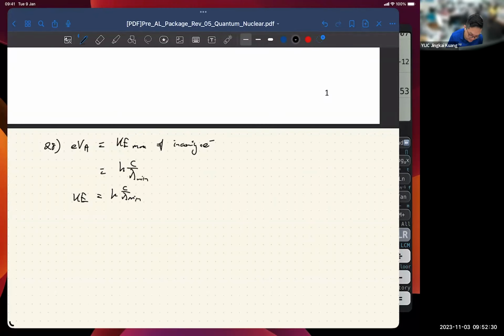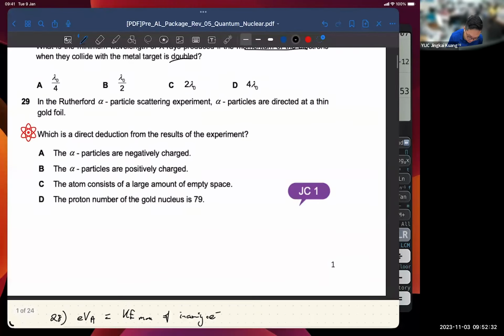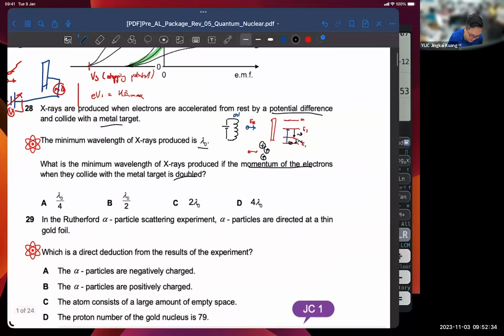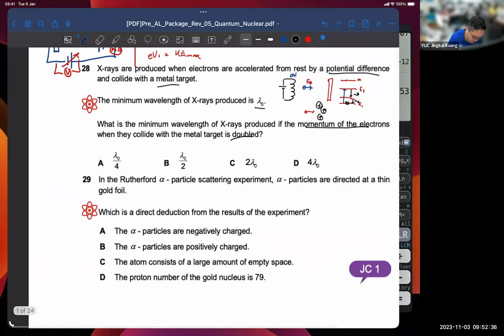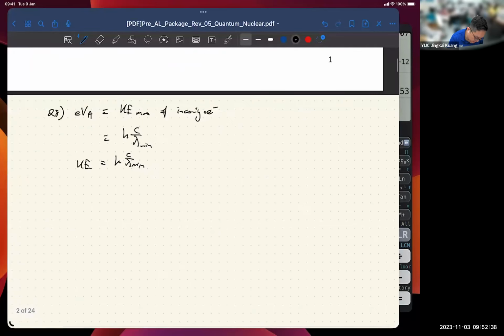Now we double the momentum. They never say double energy, so be careful. If I double my momentum, let's see how it happens. We know p equals mv. I'm not going to derive this for you, but your kinetic energy is equal to p squared over 2m.